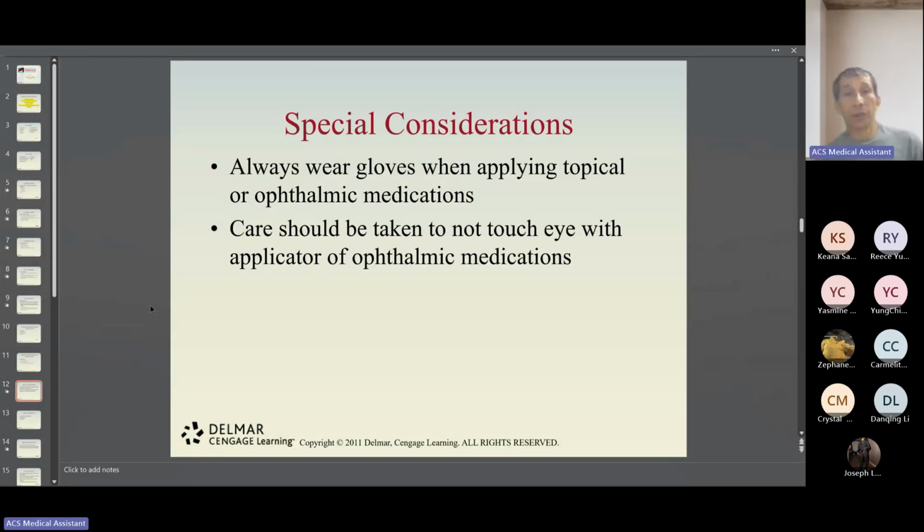So here we have influenza. So what is influenza? Once again, this is the flu. It's a viral infection. It is a very, very common condition.